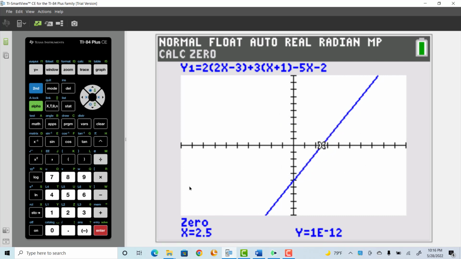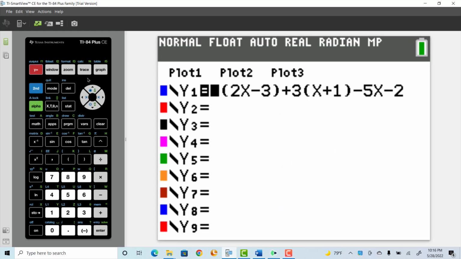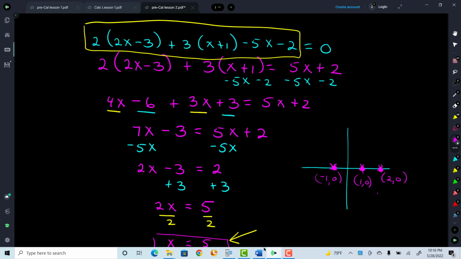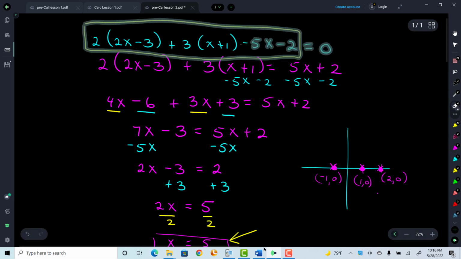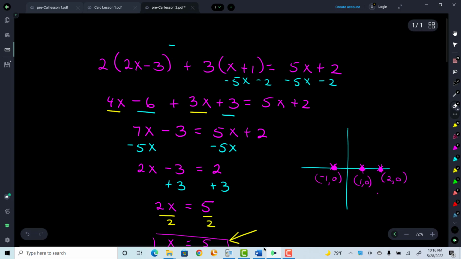Okay. Another way of checking this on the calculator, if you remember the original equation, let me just erase this. We have 2 times x minus 3 plus 3 times x plus 1.